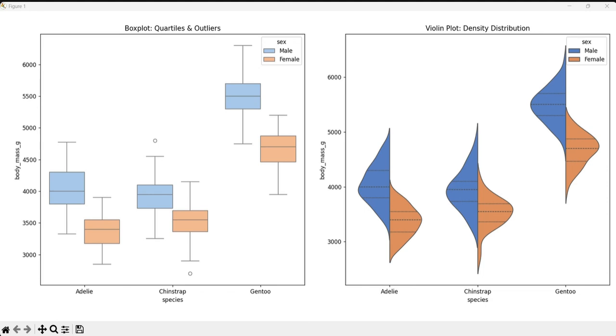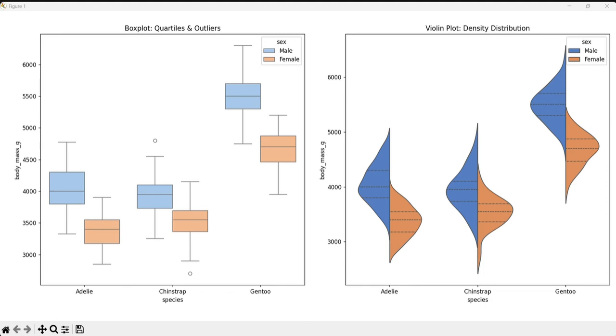As we can see in the internal dashed lines, the middle dashed line is the median, and the outer dotted lines typically represent the quartiles. This is a split violin plot, which allows us to compare the male blue and female orange side by side within the same species shape.